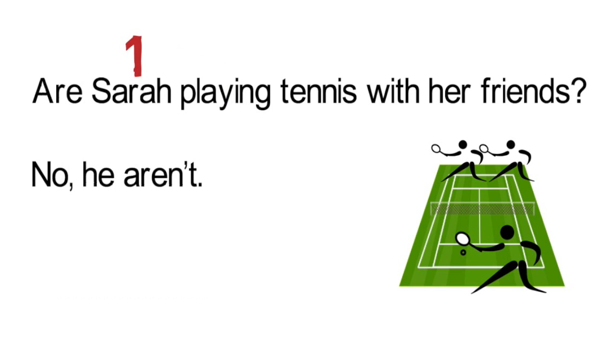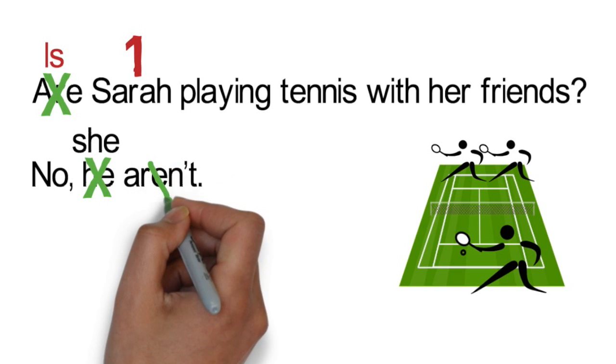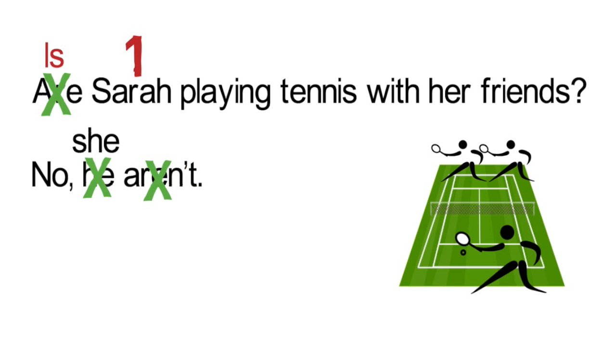Sarah is singular, and the form of the verb to be for Sarah is. So the question should be, is Sarah playing tennis with her friends? Now let's turn to the answer. He is not correct because Sarah is a she, and aren't is not correct because it does not agree with he. The verb should be, no, she isn't.